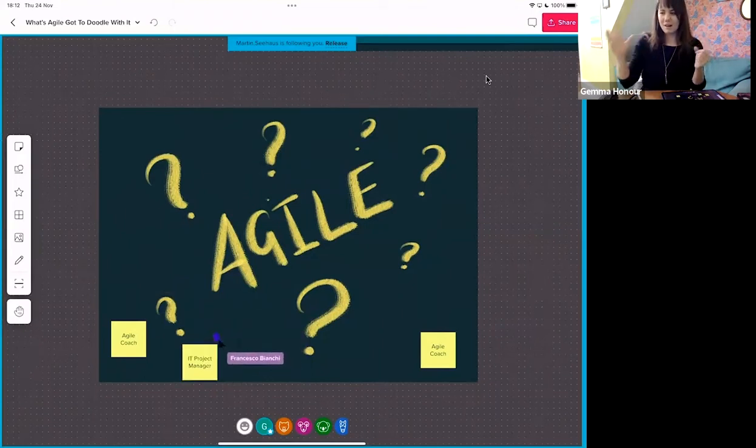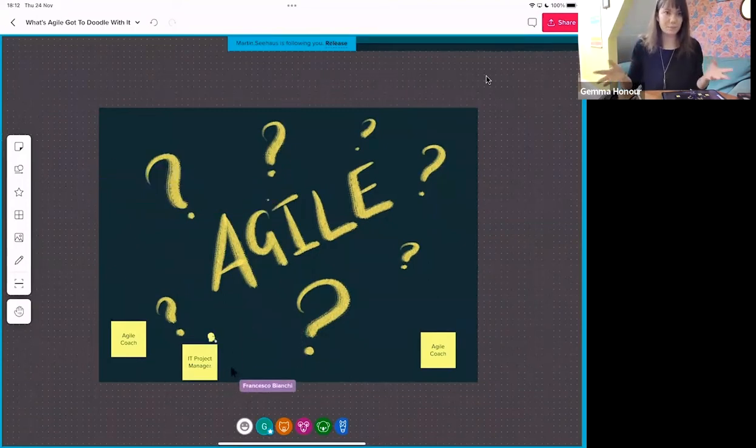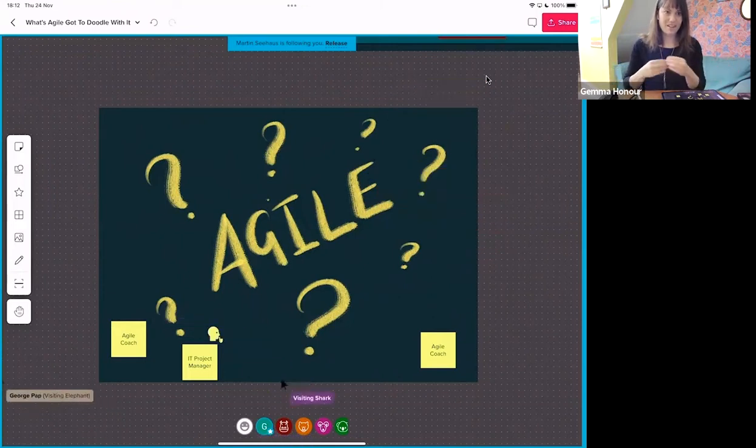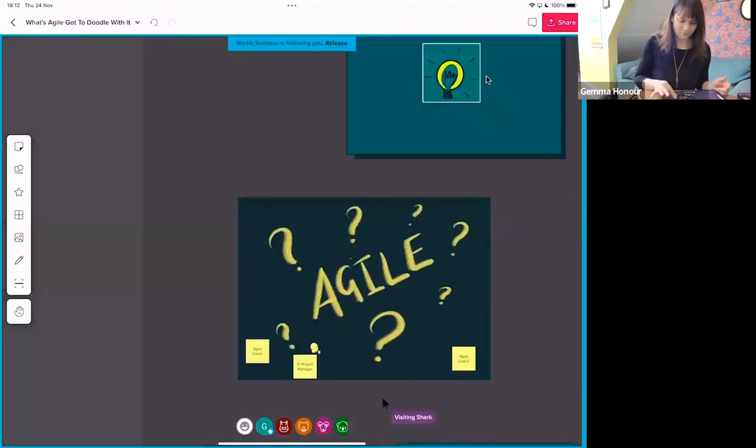You have started to see more and more visual thinking being applied to Agile. What I wasn't sure about is why. That was the question that led me to create this workshop for you today.